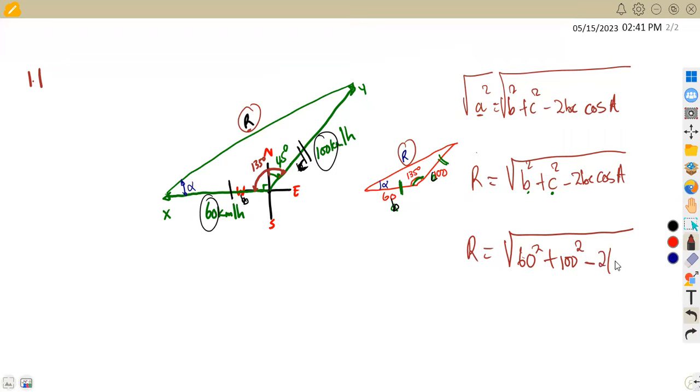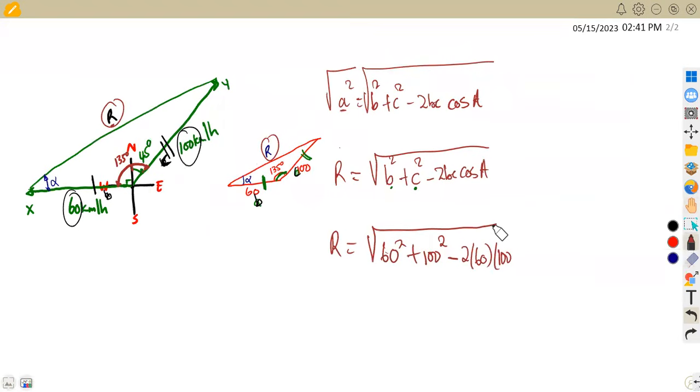So this is going to be 2 by 60 by 100. And take note, everything must be under the square root. So the square root is supposed to cover everything, including the cosine of the angle of 135 degrees.